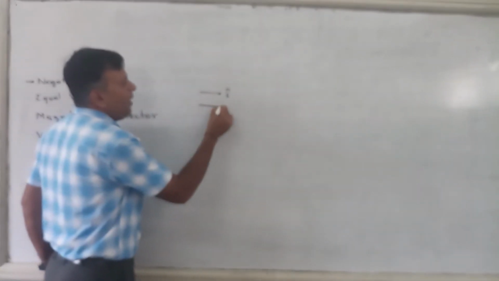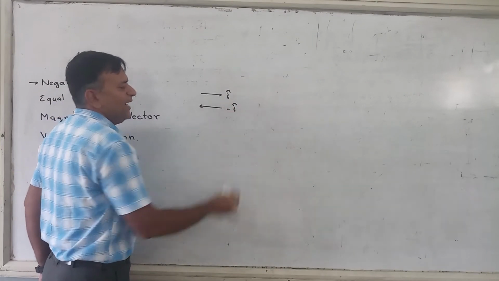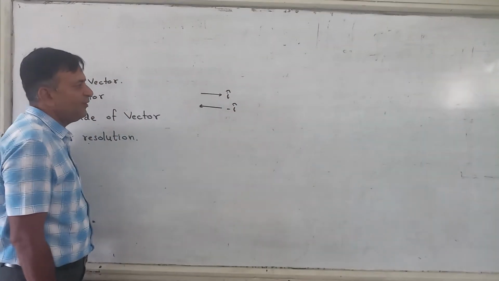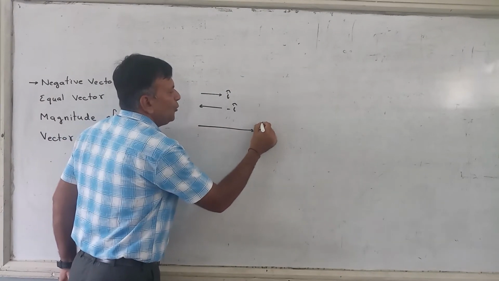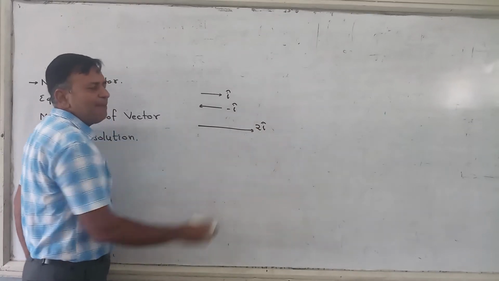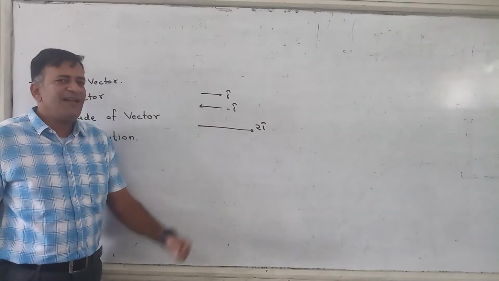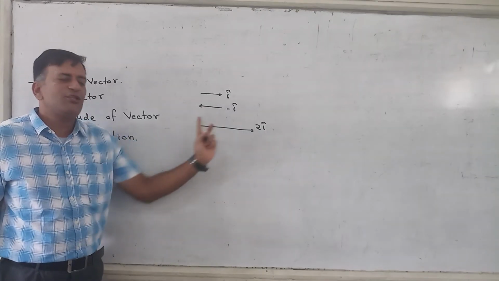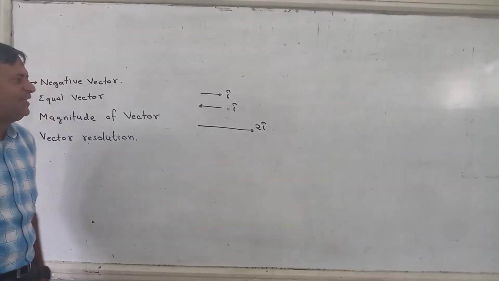So a vector of length 1 unit but in opposite direction will be minus I cap. Okay, I have another vector which is 2 I cap. I cap means direction is positive x-axis. 2 I cap means 2 steps in the direction of positive x-axis.